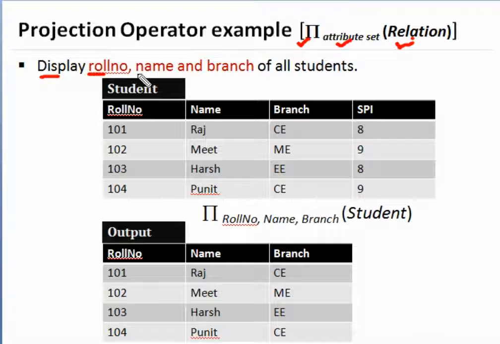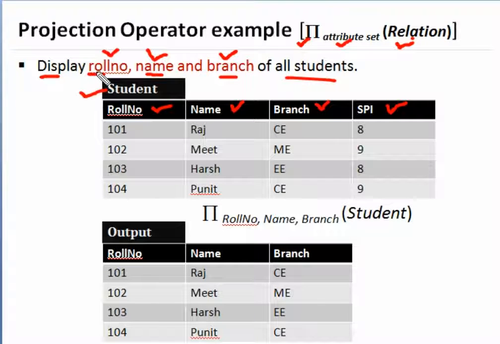Display roll number, name and branch of all the students. From the student table we need the roll number, name and branch of each student. We already have a student table given, where we have roll number, name, branch and SPI.